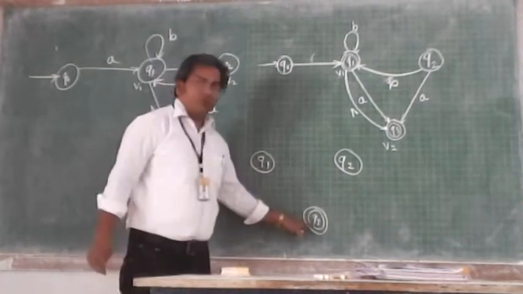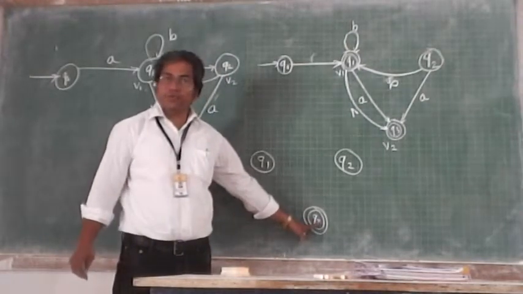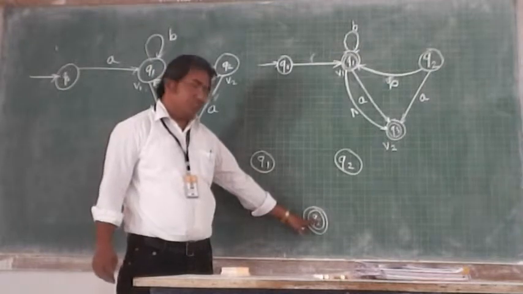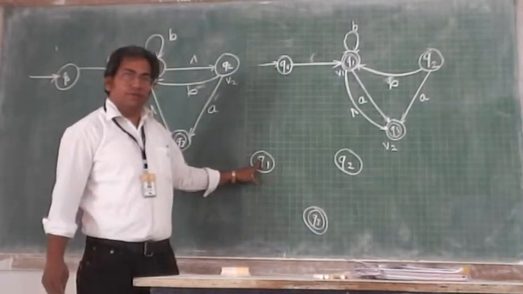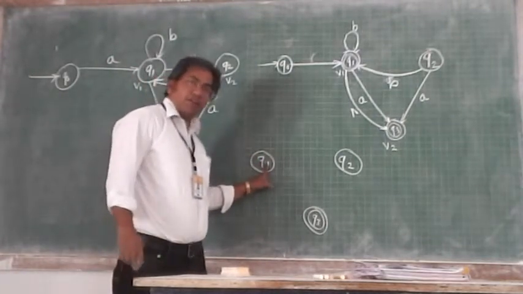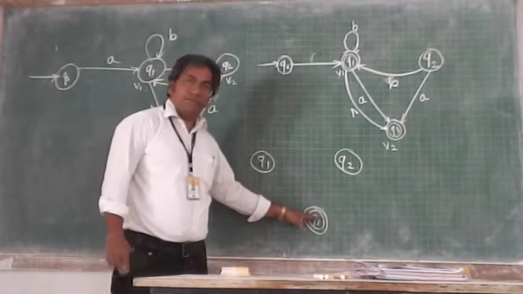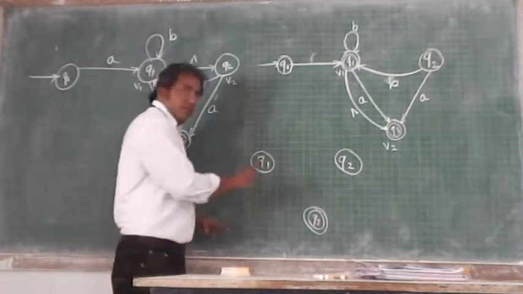So I am working out the first step. Here I found that there are no outgoing edges or transitions from Q3, so I am not copying anything from V2 to Q1. The third step is again not applicable. In the fourth step, since V2 is a final state, I need to make V1 a final state.